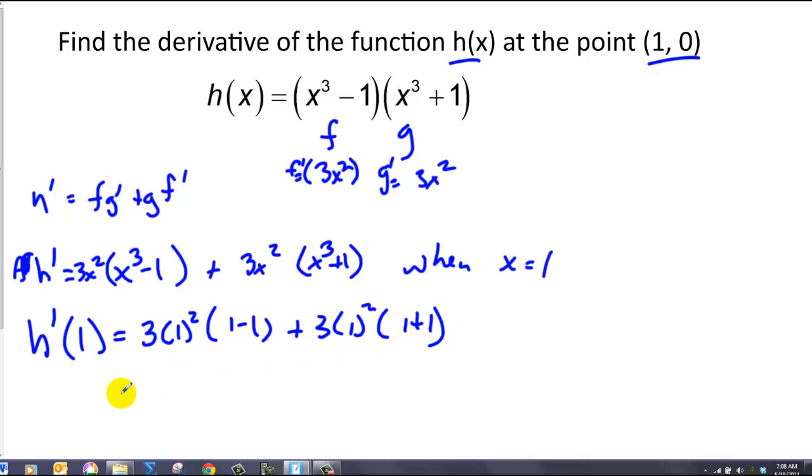First term goes completely. Second term gives me 3 times 2, or 6. So that's the actual slope of the tangent at the point 1, 0. I could write the equation of the line if I wanted to, but the problem doesn't ask me to.